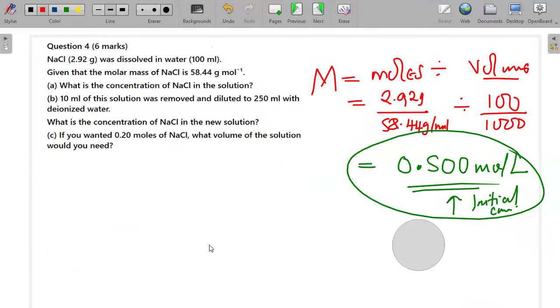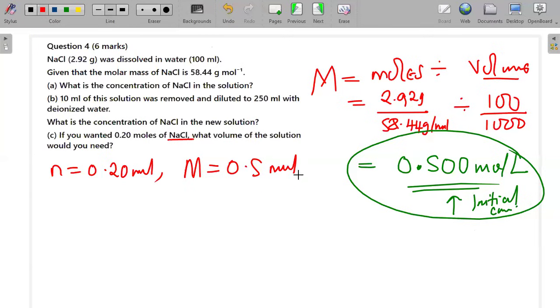So part C, they're saying if you wanted 0.2 moles of sodium chloride, what volume of the solution would you need? Okay, so here they've given us the moles to be 0.20 moles. We know the initial concentration that we found there was 0.5 moles per liter. So now they want us to find the volume.